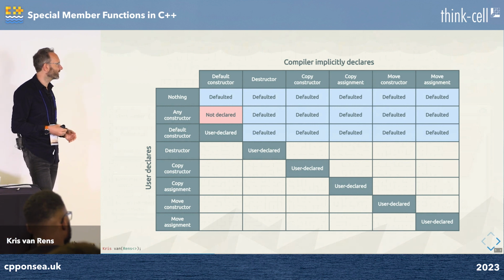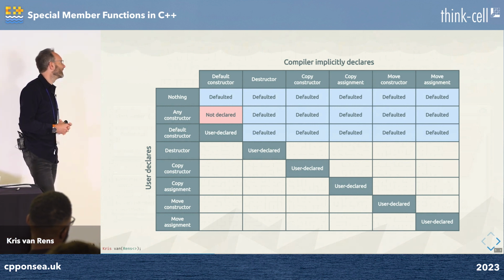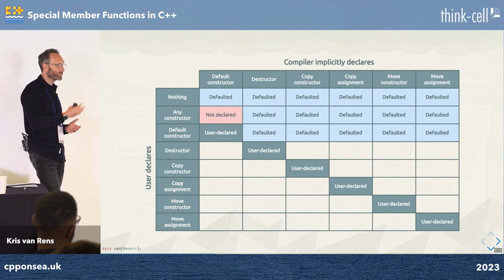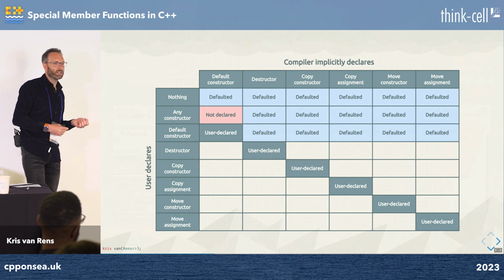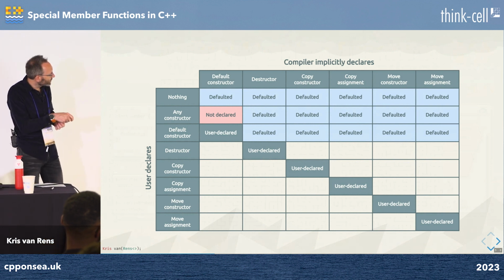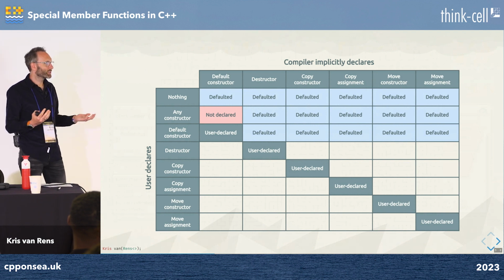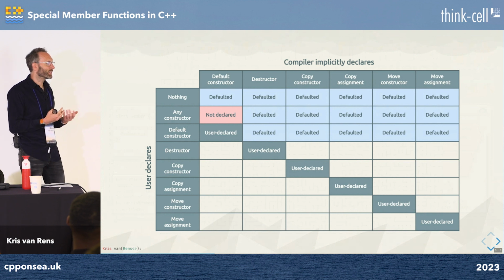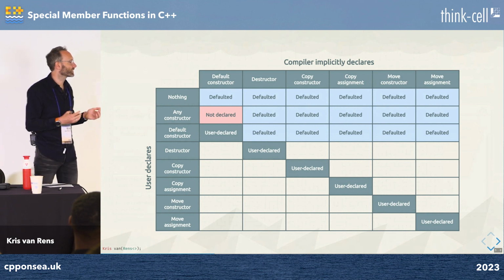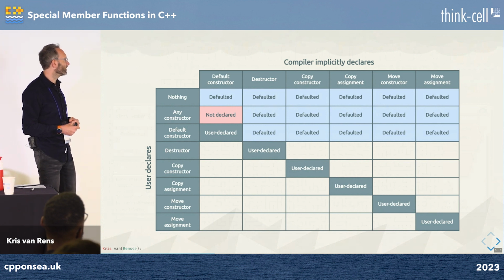And of course, then if we define the default constructor ourselves, the compiler doesn't have to generate it for us anymore. But it can still generate all the other members. But at least what we should take out of this is that this first row, if we do nothing, is the best scenario, right? Then we get everything else for free. So if we are able to achieve that at least, I think that is a good goal.